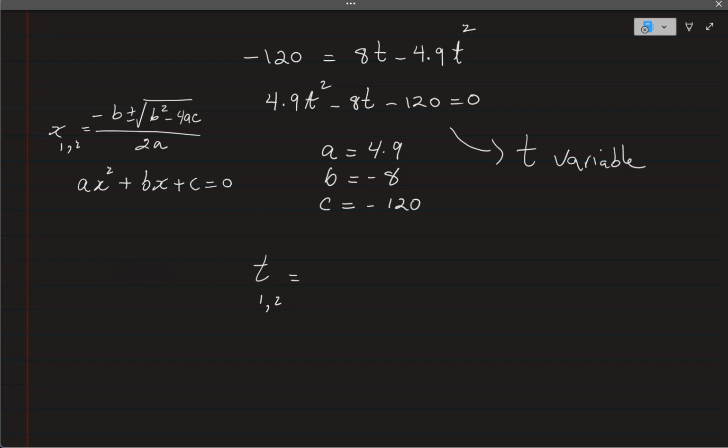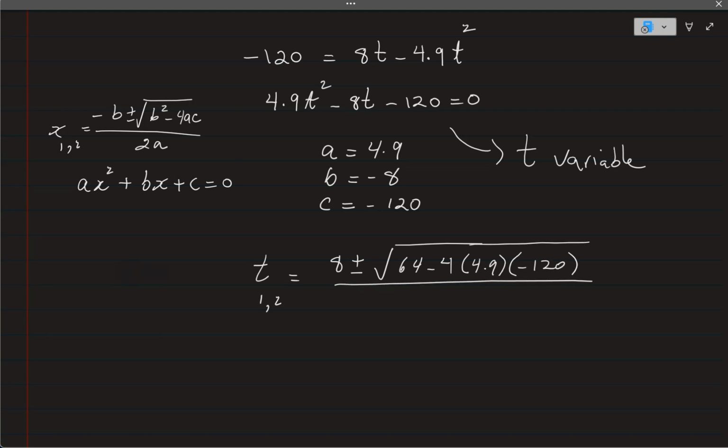And what you will get is 8 plus or minus the square root of b squared, which is 64, and then minus 4ac, 4 times 4.9 times negative 120, all over 2a, and that is 9.8. That is 2 times 4.9.